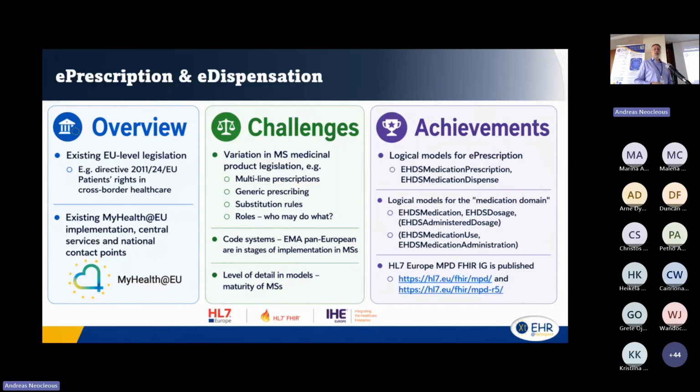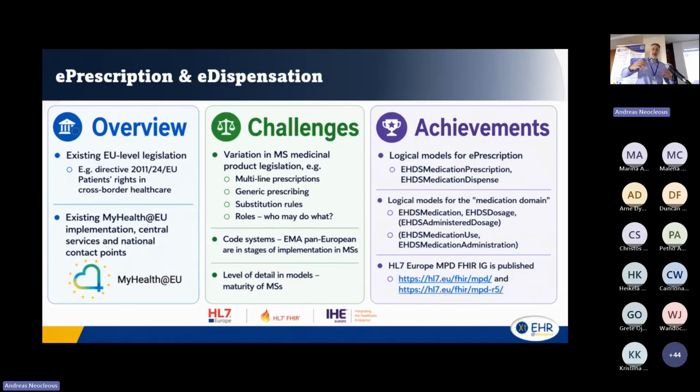Among the achievements, of course, we had logical models for ePrescription and eDispensation as well. But we also worked together with our colleagues in other work packages and other tasks to develop the models for the medication domain.